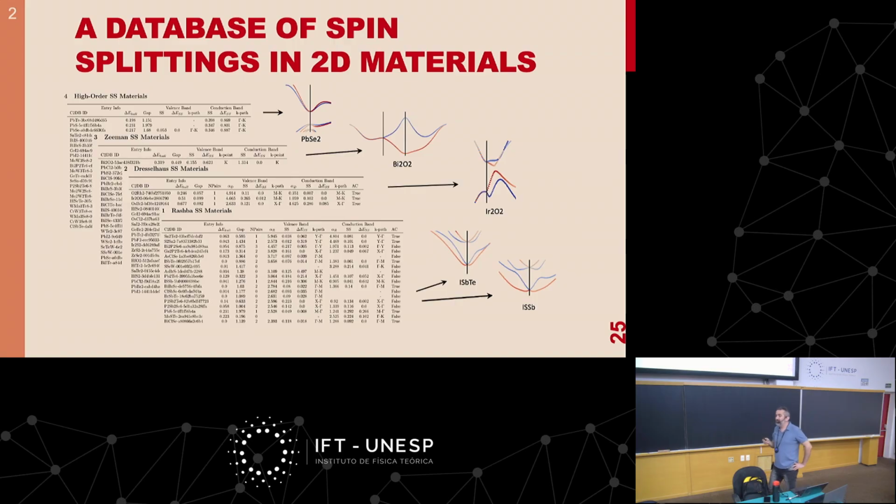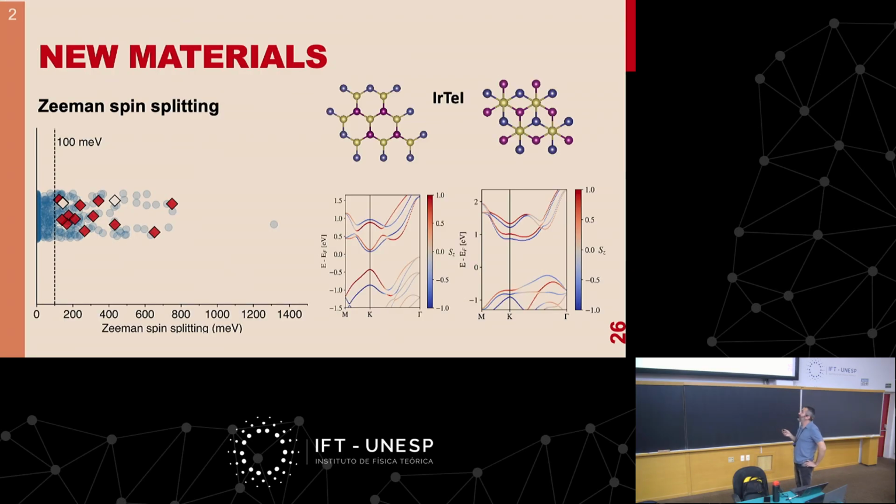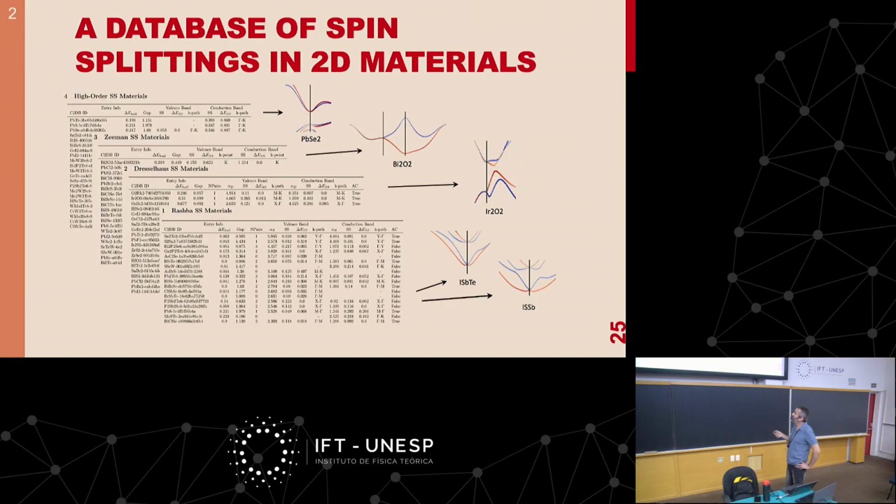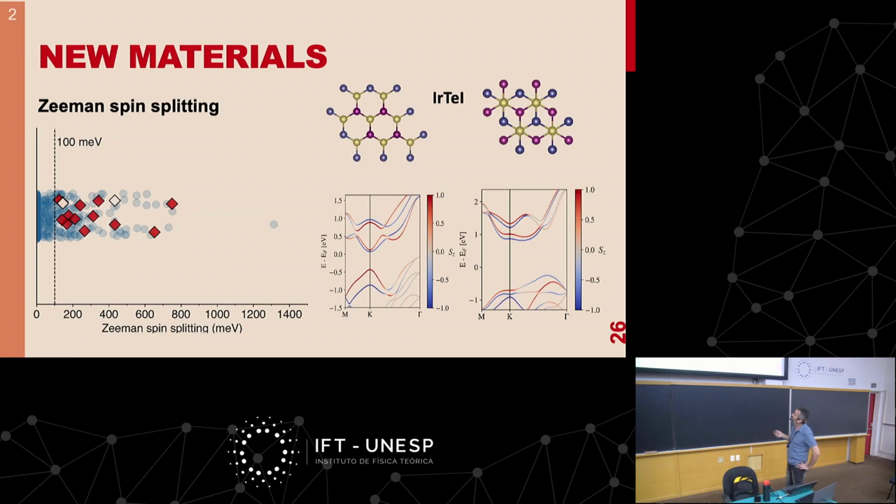Yeah, but one thing that is interesting is the following. What we did is the following. Once you have all this data, I don't have all the slides here to show this, but the idea is that we started analyzing the results and tried to infer what crystal structure would lead to a larger spin splitting and what kind of atoms would lead to a larger spin splitting.